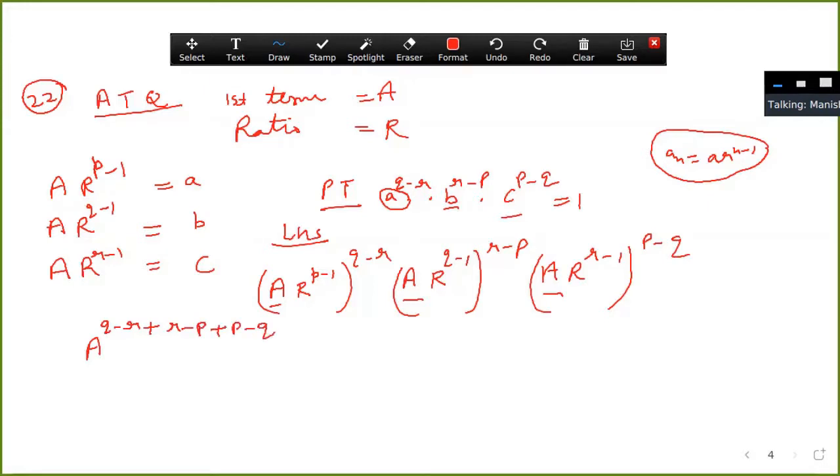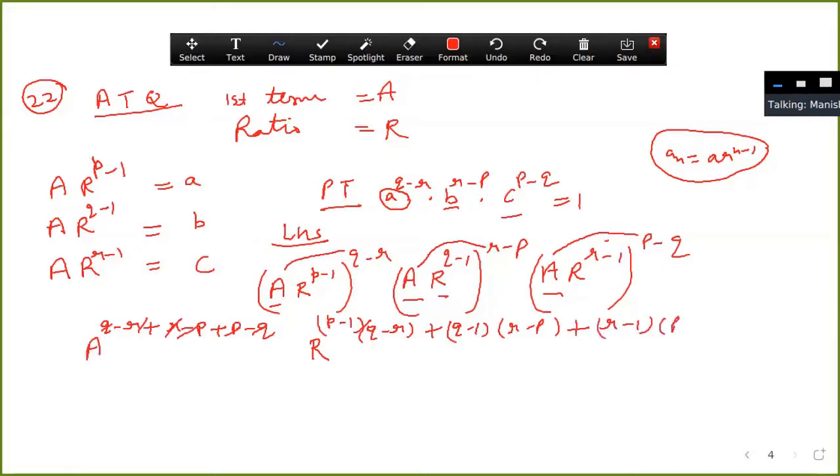So these all cancel, and R to the power p minus 1 into q minus r, and here again the base is the same, so you can add the powers: q minus 1 into r minus p, plus r minus 1 into p minus q.